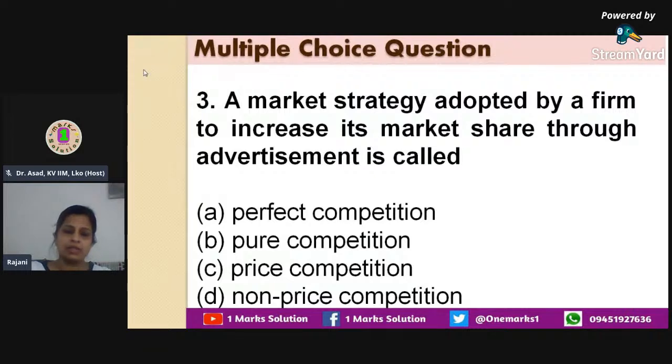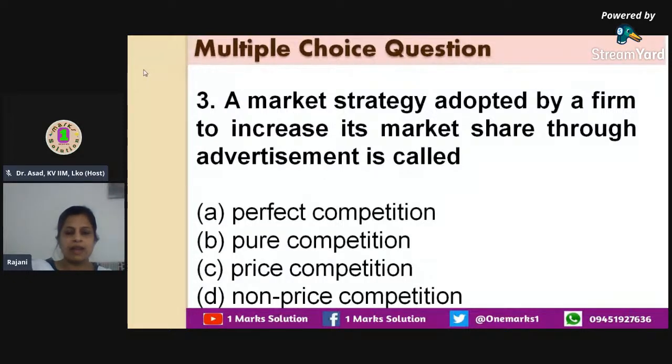Then pure competition is almost the same as perfect competition, only one or two things are different, like perfect knowledge about the market is not there in pure competition. And in price competition, they compete with price, but the strategy they adopted, advertisement cost, is not price; they are not competing with price. So I think option D is the correct answer, that is non-price competition.